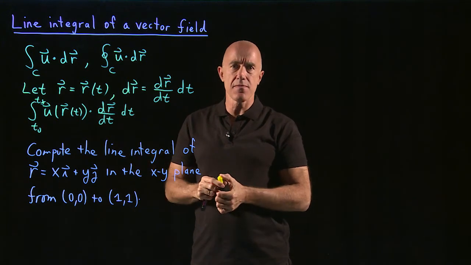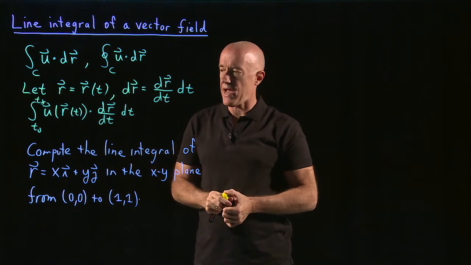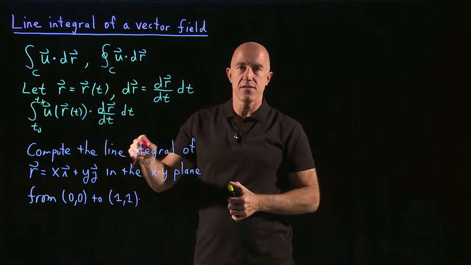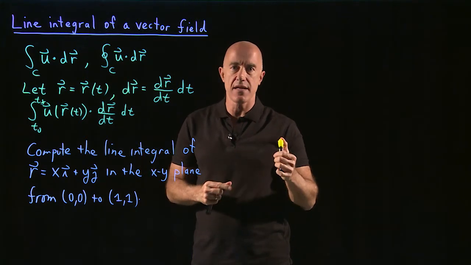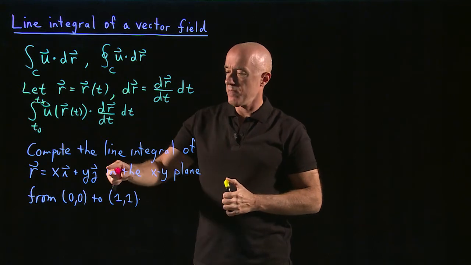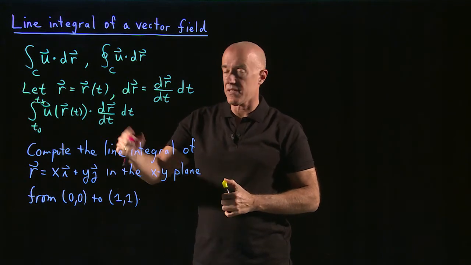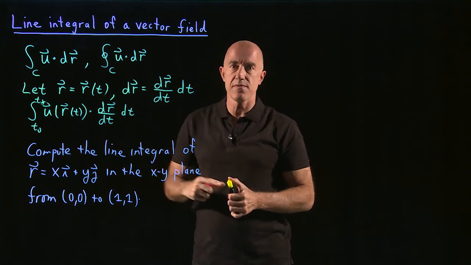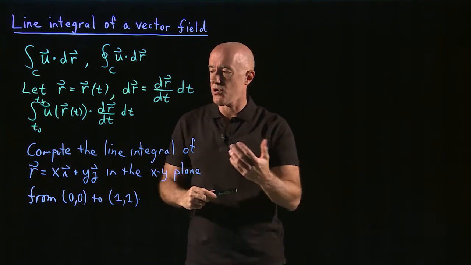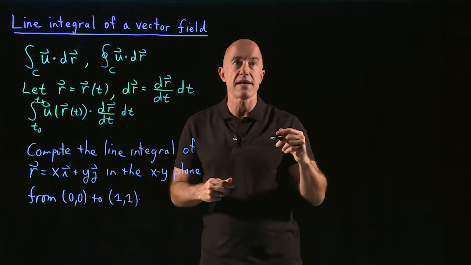In this problem, I haven't specified the path. It turns out that the solution is path independent. We'll talk about that in later videos. But for now, let's compute this using two different paths.